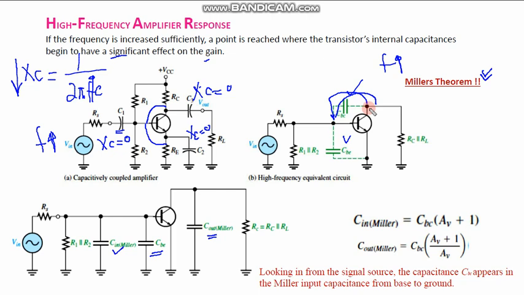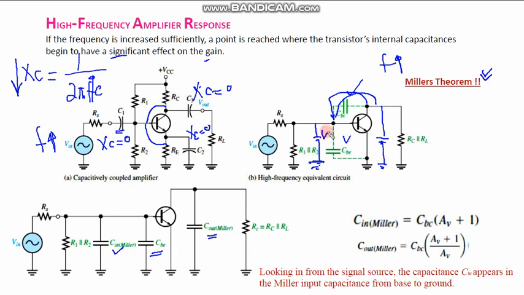Miller theorem says that when you remove this capacitor, you should place a capacitor on the input side, and also a capacitor in the output circuit.